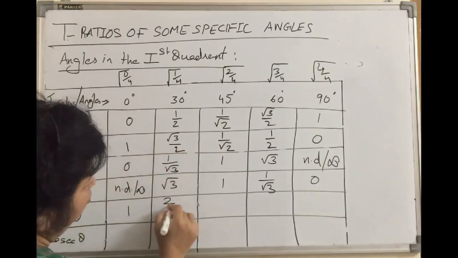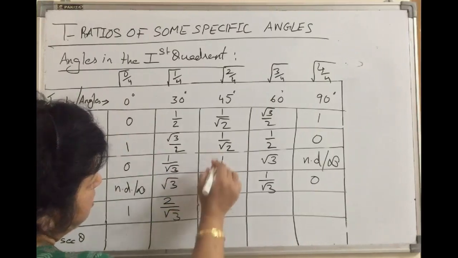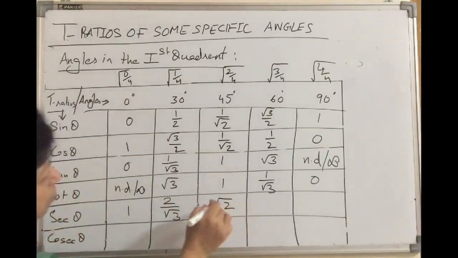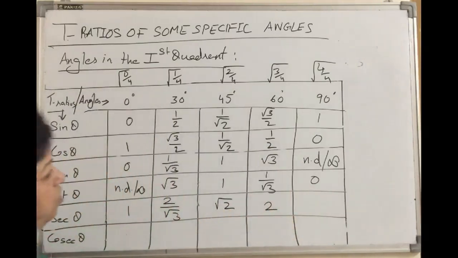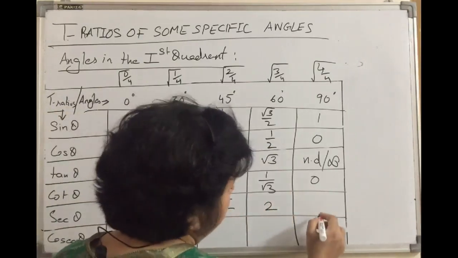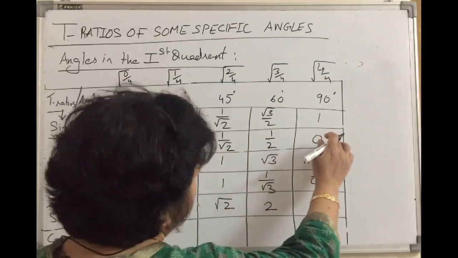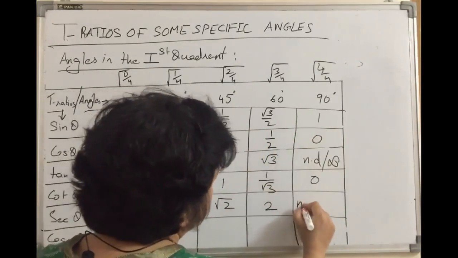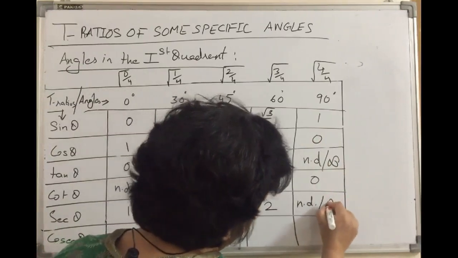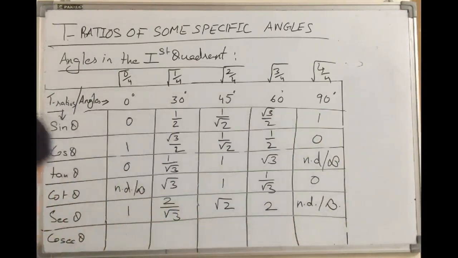Reciprocal of this will be 2 by root 3. Reciprocal of this will be root 2. Reciprocal of 1 by 2 is 2. Reciprocal of 0 is 1 upon 0, that is not defined or infinity again, fine.